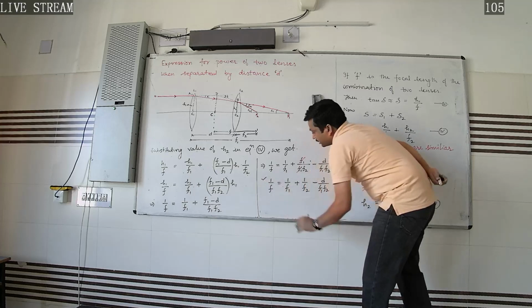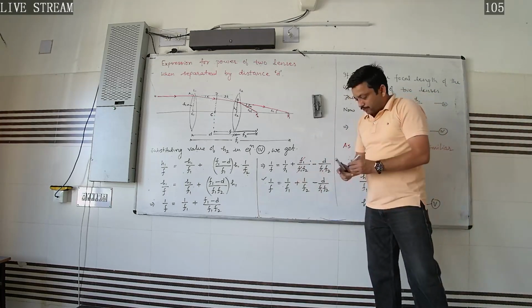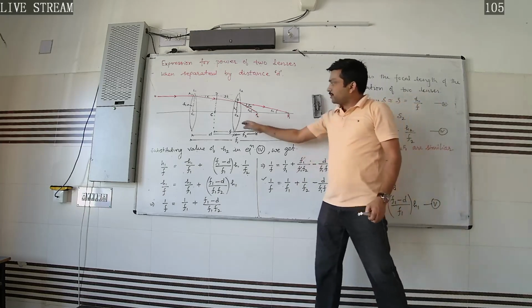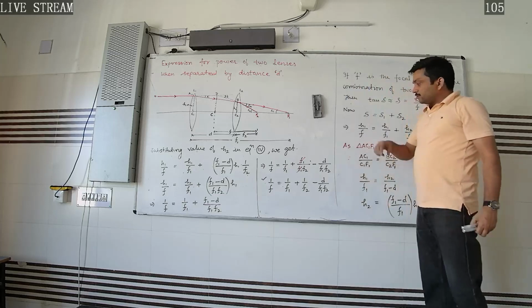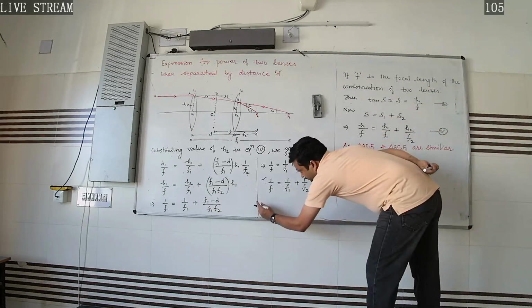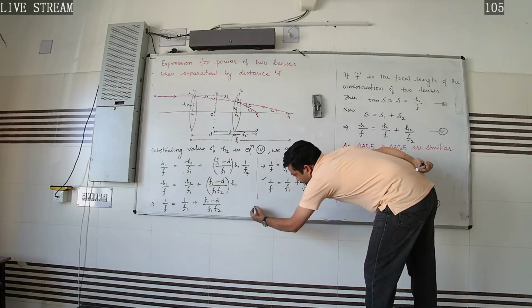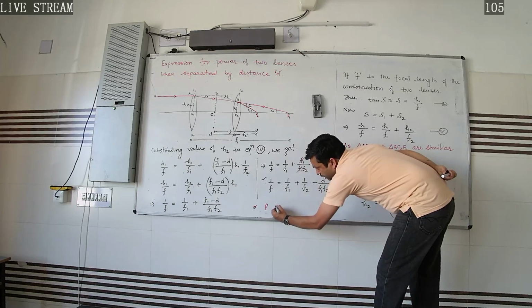So here we have derived the formula for the net focal length of the combination of the two lenses when they are separated by a small distance D. Now in terms of power we can write this formula as the reciprocal of the focal length, that is power.